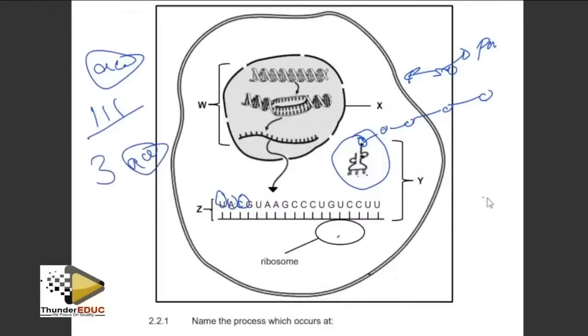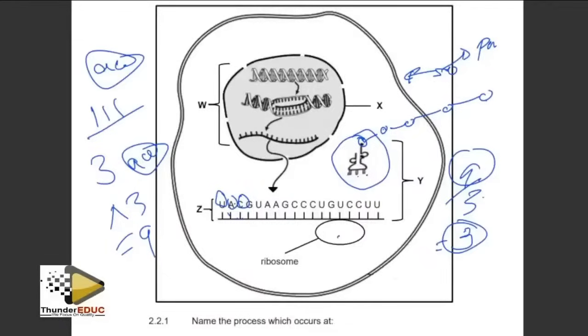It's 1, 2, 3 times 3, which gives you 9. If I have 9 bases, how many codons are there? Remember, each 1, 2, 3 is one codon. So we divide by 3, therefore the codons will also be 3. I think you have to know when to divide and when to multiply.